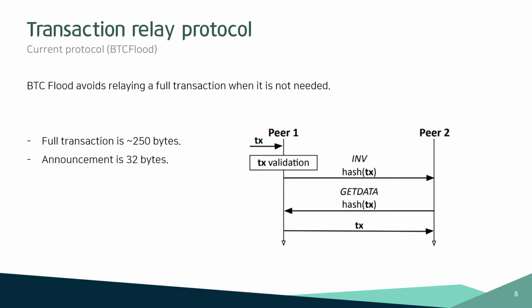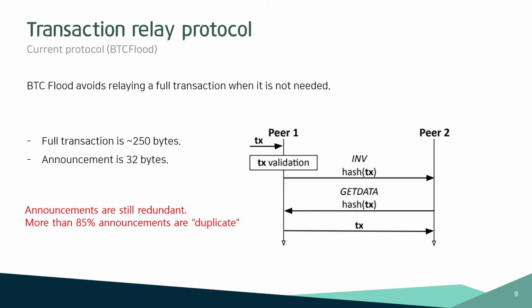But if it doesn't exist in peer 2, peer 2 requests it with a getdata message and receives the full transaction from peer 1. A full transaction is about 250 bytes, but the announcement message is only 32 bytes because the hash value is 32 bytes.